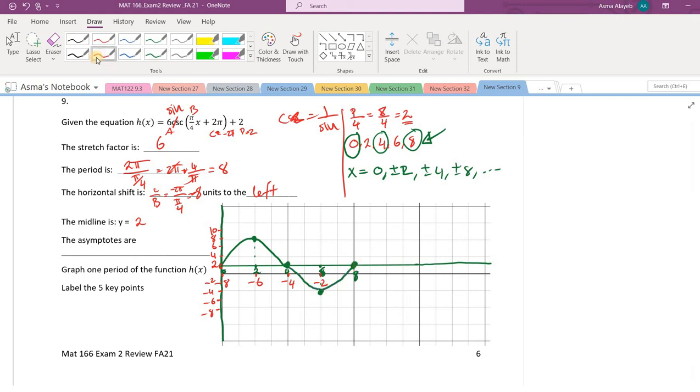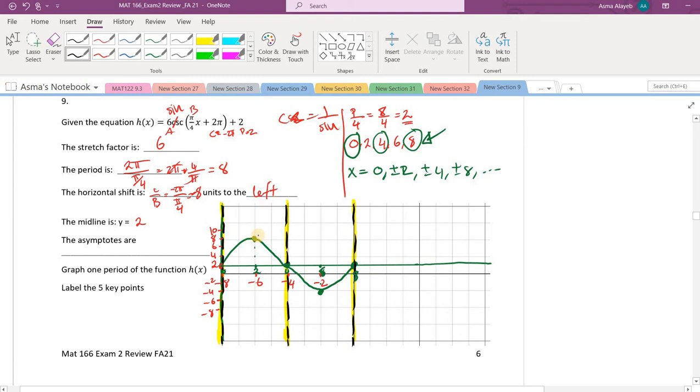I need cosecant. Now to figure out cosecant, I am going to create the asymptotes. So here is an asymptote. I'm going to just highlight it. And here is an asymptote. So each time sine is equal to 0, we're going to have an asymptote there. Okay, and let me just put a different color here. So here is an asymptote, an asymptote, an asymptote.